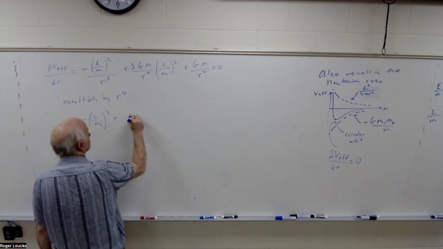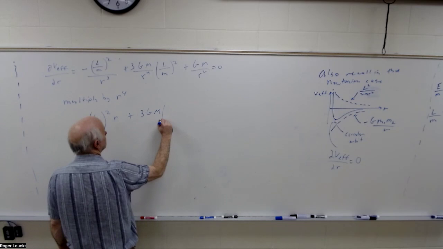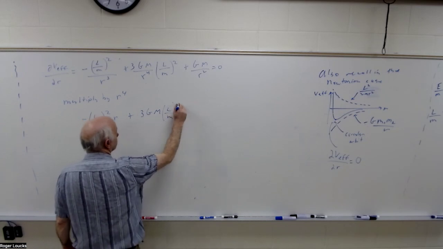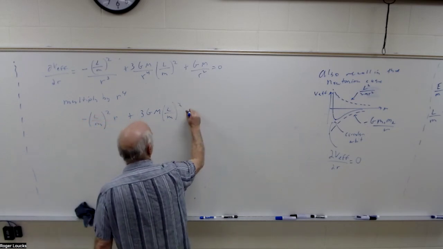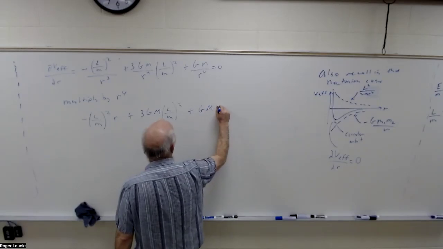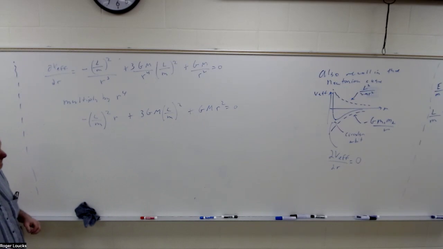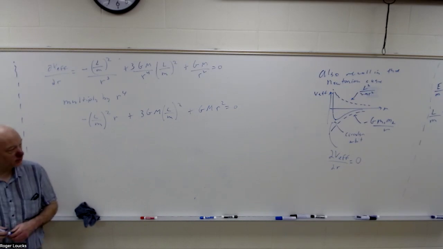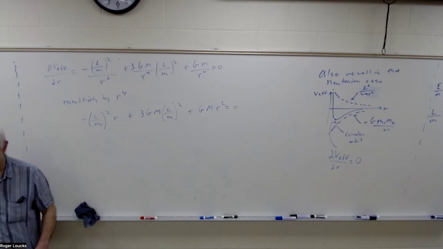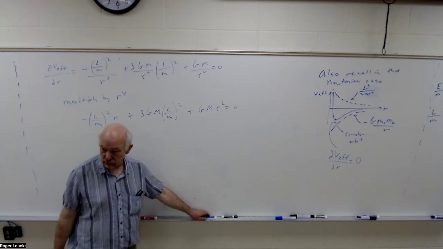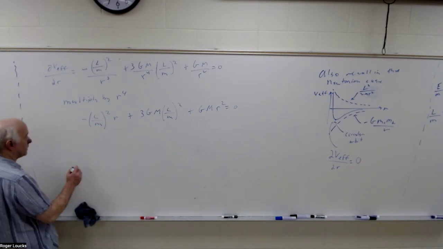This term here just gives me plus 3 GM L over M squared. And this term here gives me plus GM R squared equals 0. And that's just nothing but a standard quadratic equation.